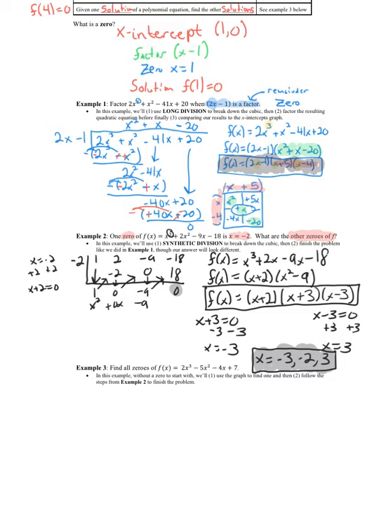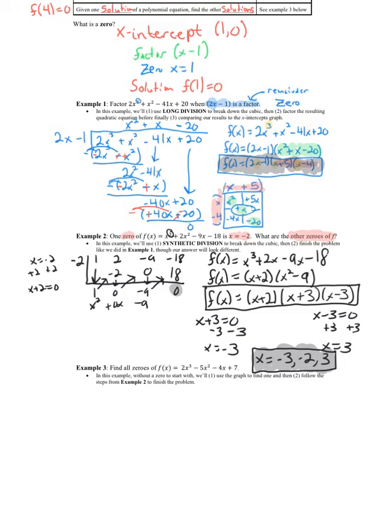Okay. And now with example 2, I should be able to graph this one and verify it as well. So I can go back to the equation, x cubed plus 2x squared minus 9x minus 18.